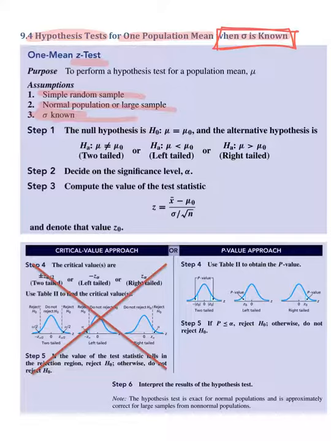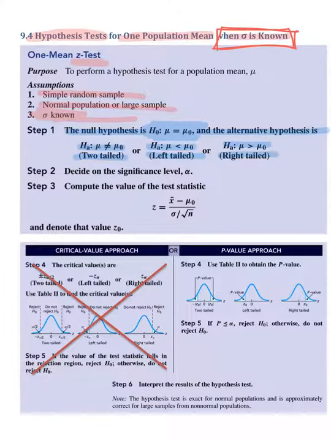Step number 1, state the hypothesis. The null hypothesis is always equal to, and we have 3 kinds of inequalities in the alternative hypothesis, case by case: two-tailed, not equal to; less than, the left one; and greater than, the right one. It is exactly where we get the p-value, the probability.